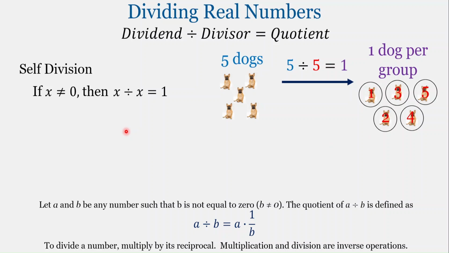Now let's look at self-division. In this case, the numerator and the denominator are the same number. So 5 divided by 5, I have 5 dogs. I want to put those dogs into 5 groups, so each group will end up with 1. x divided by x is equal to 1.